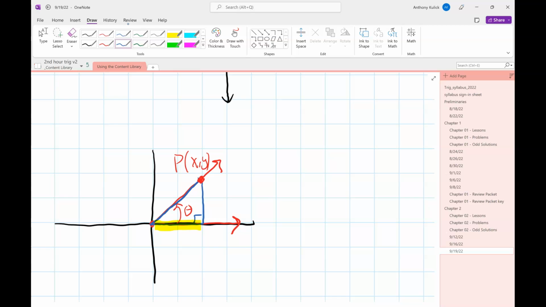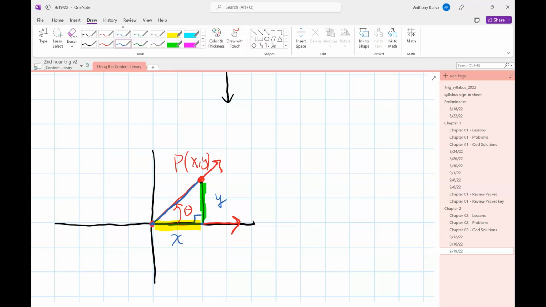So in this case, how far to get to point P would we have gone to the right? x, whatever that x coordinate of point P is, right? And to get to the green side, that would be y. We've gone x over and then y up, and that should get me to point P. Everybody agree with that? So nothing tricky there.